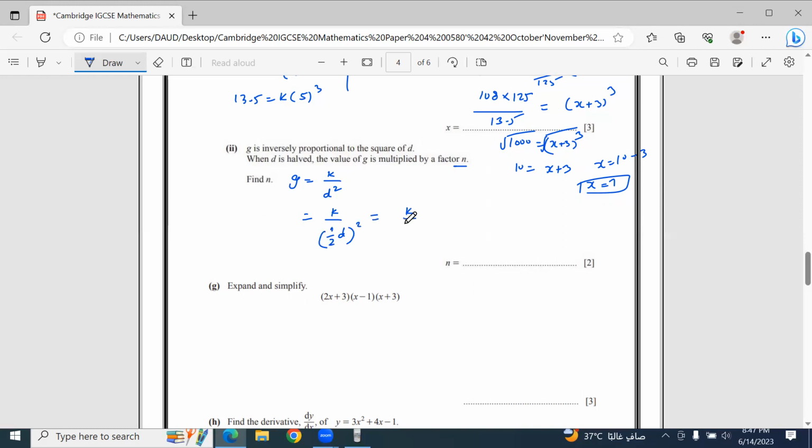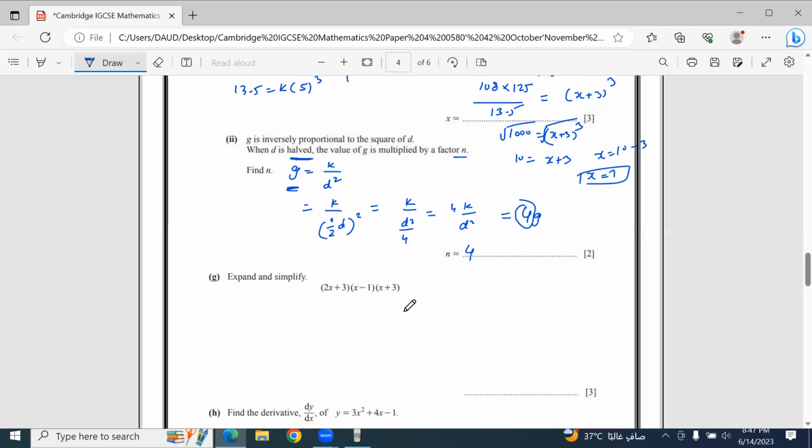That gives me k over d squared over 4. Next step, if you change into reciprocal, so 4k over d squared. Remember that this k over d squared represents g, so that gives me 4g. So when you change d as halved, the g is multiplied by n, and that n is 4. So that factor is 4.